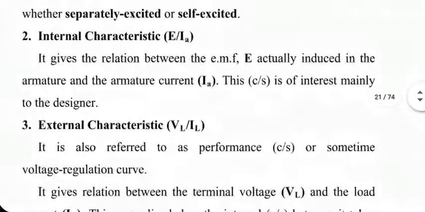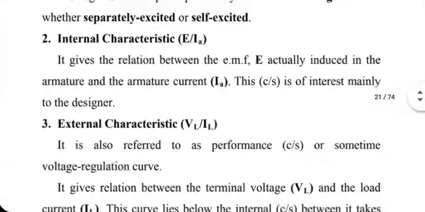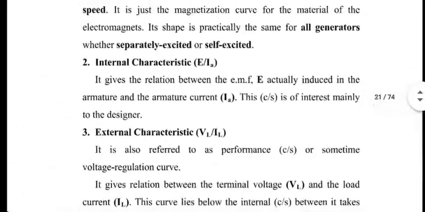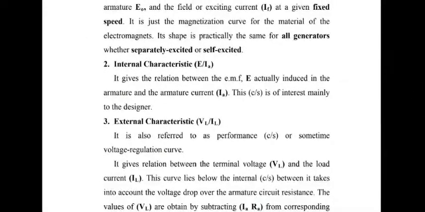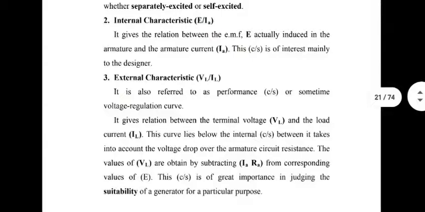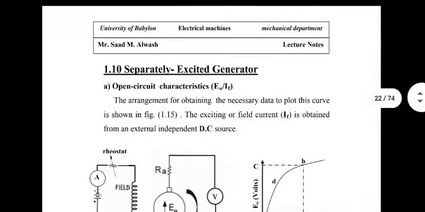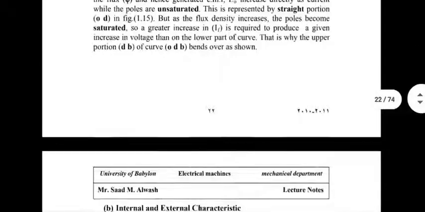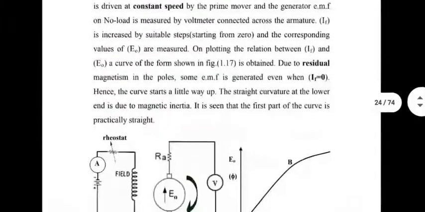Also, the EMF generated versus the armature current could be a very interesting thing to study for a given DC generator. And then, of course, load voltage versus load current. That's the third one. These three are probably the most important electrical characteristics of a DC generator. I've gone through separately excited and self-excited cases in my notes, so I'm not going to go through these.